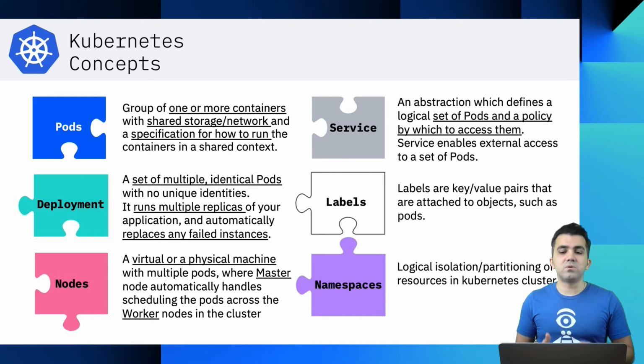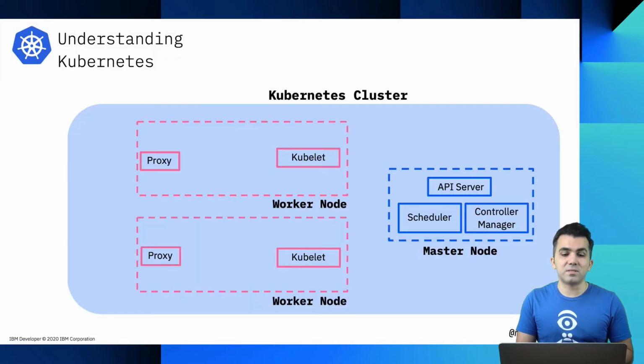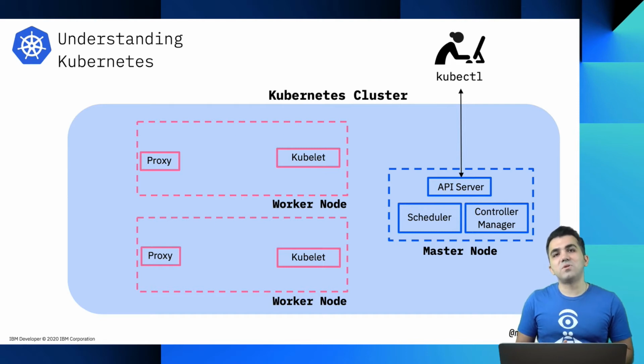You can have multiple namespaces inside a single Kubernetes cluster, and they're logically isolated from each other. Now that we know the key components, let's revisit our deployment scenario, this time in more detail to see what's happening under the hood. Firstly, we'll use the kubectl CLI tool to interact with the Kubernetes cluster.